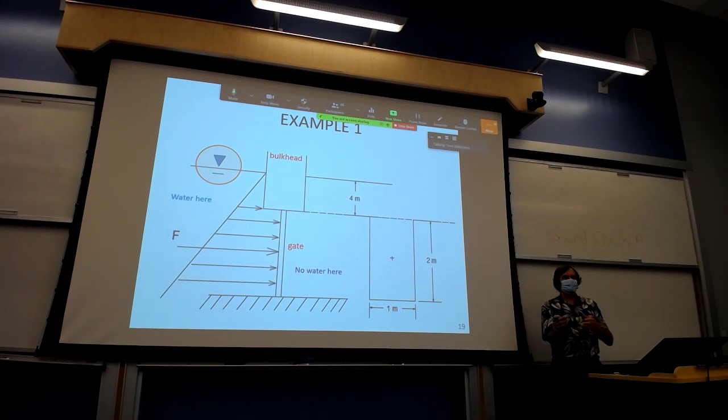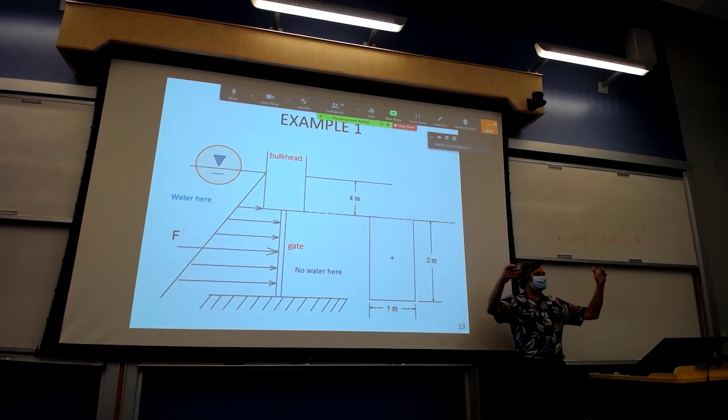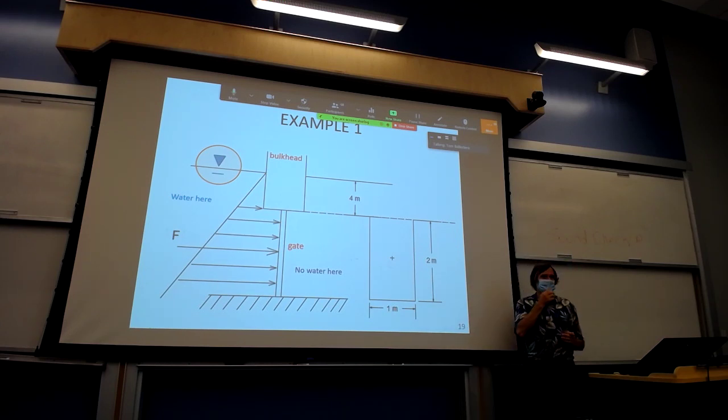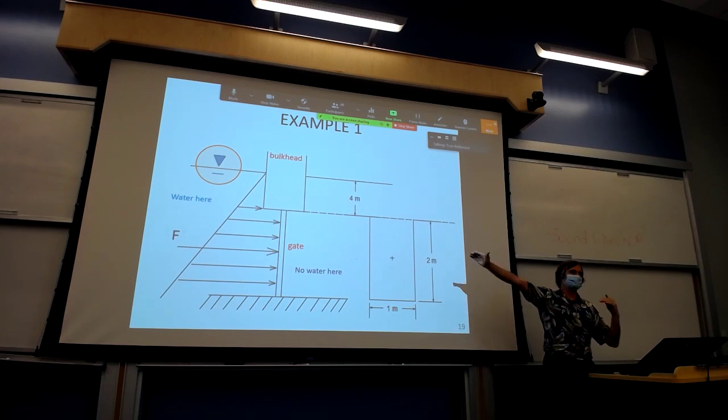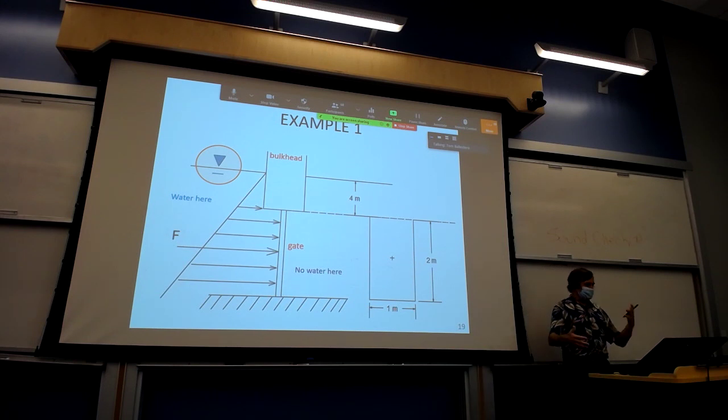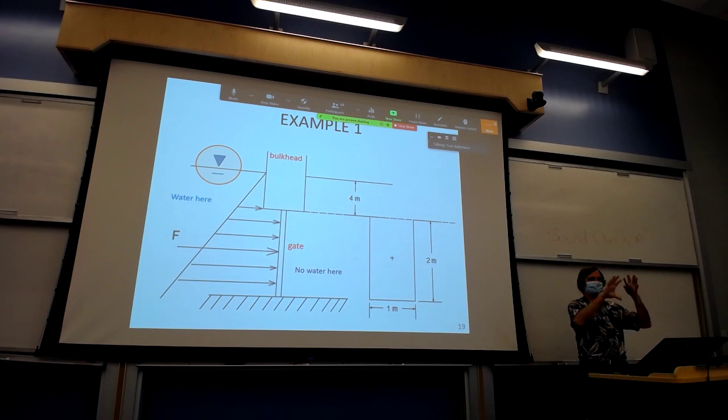And what you may be trying to do is size the structure that's going to hold this gate in place and make sure it doesn't blow out. There are some structures we designed, for example, flashboards on top of dams, that the water can go over the top of them, but if it gets too high, the force just keeps increasing and then they just collapse. And what that does is prevent flooding upstream of that system by allowing the flashboards to collapse. So we need to calculate the force and we need to know where the force acts in order to size the structural competence of these considerations.